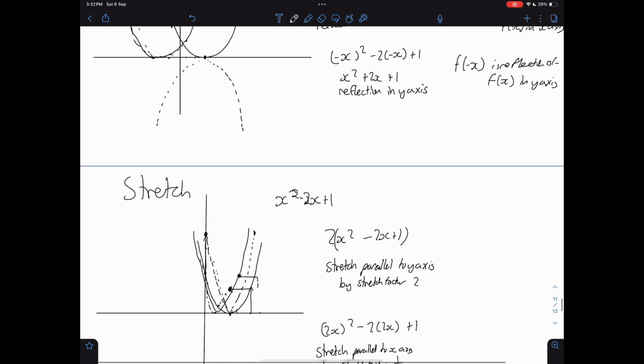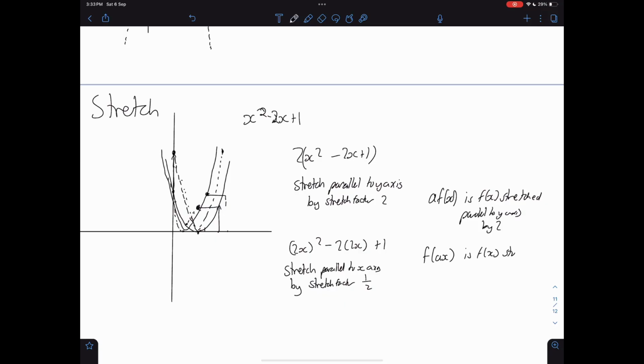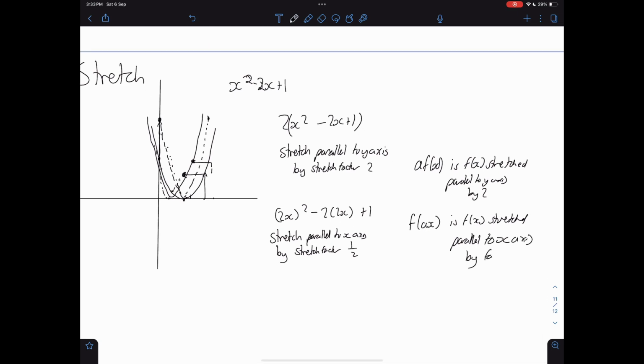Down here, a f of x is f of x stretched parallel to y-axis by a factor of 2, I should say. And then f of ax is f of x stretched parallel to x-axis by factor 1 over a.